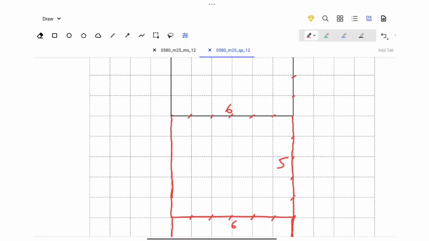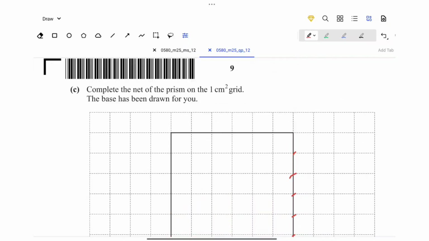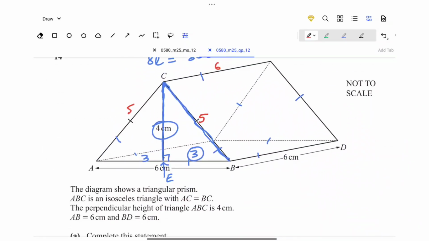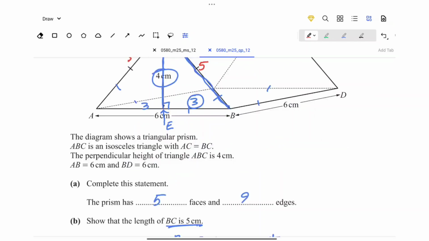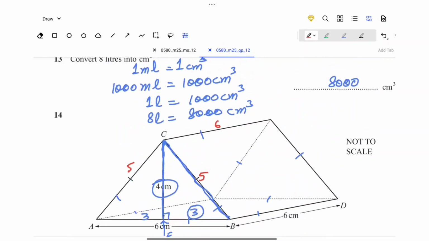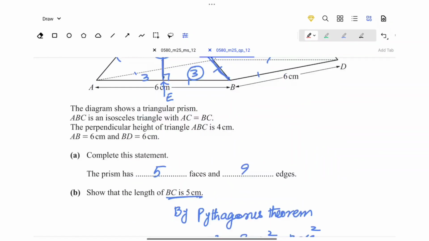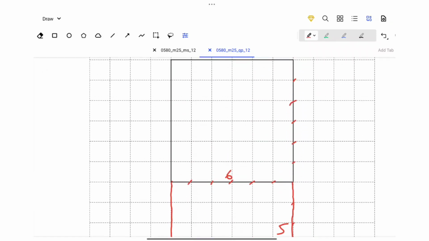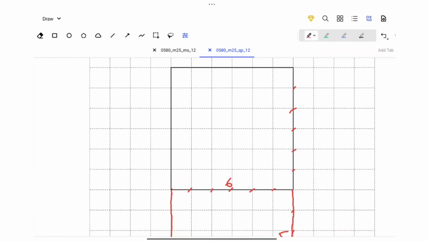So let us draw them. How can we draw the triangular faces? See that the base of the triangle is 6, and height is 4. Okay, height of the triangle is 4. Base is 6. So where is 6? 6 is this with the square. So we can move from the middle.